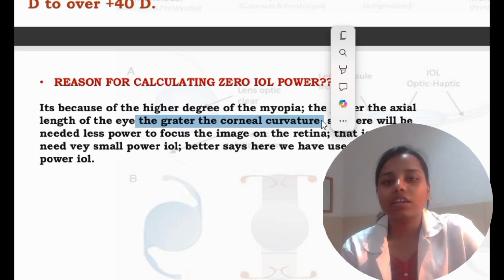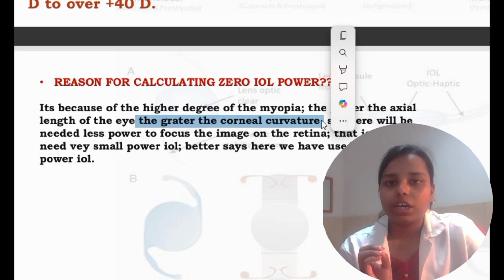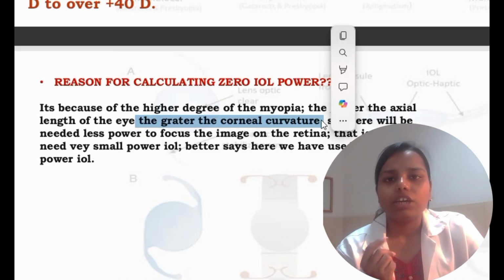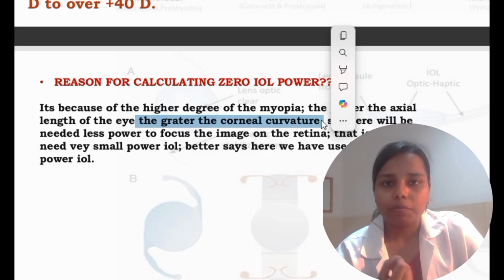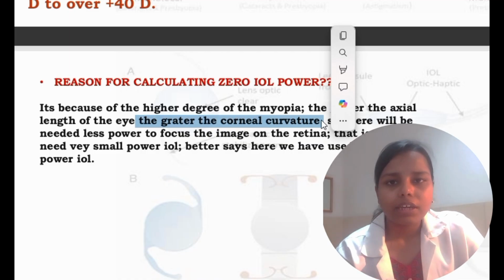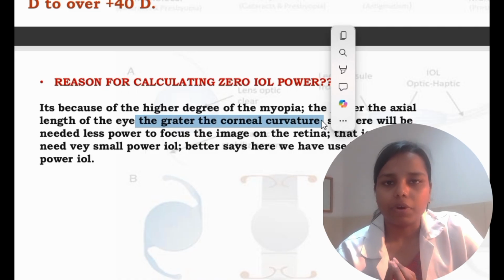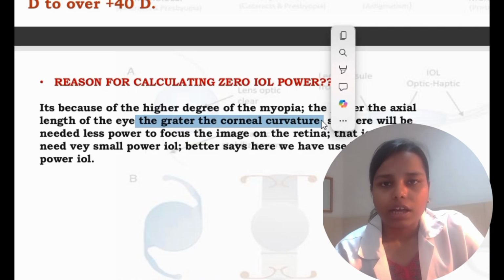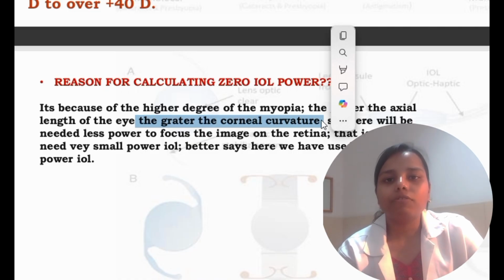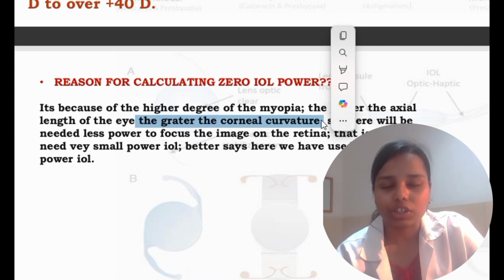Okay. Now, anyone can ask a question: if that patient doesn't need any power, then why are you putting that IOL? We can't put any IOL in that patient, because the patient doesn't need any power, na. Why are we putting IOL? We are putting IOL for generating some power in that patient, right?